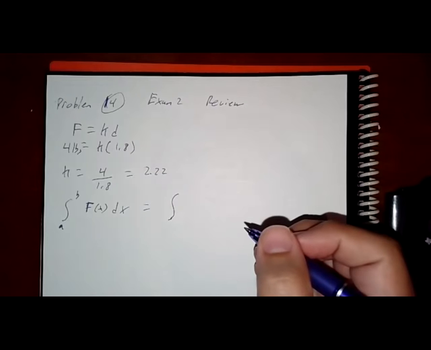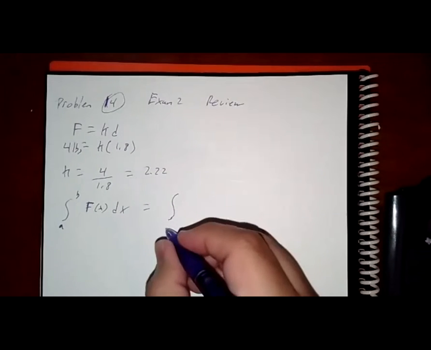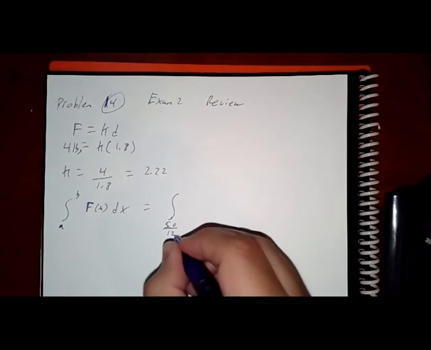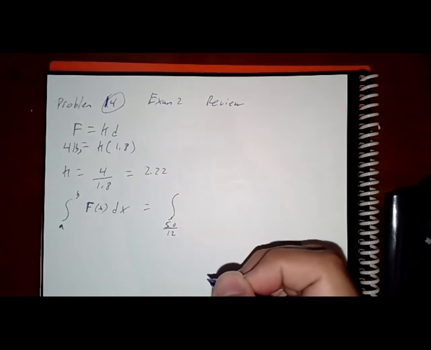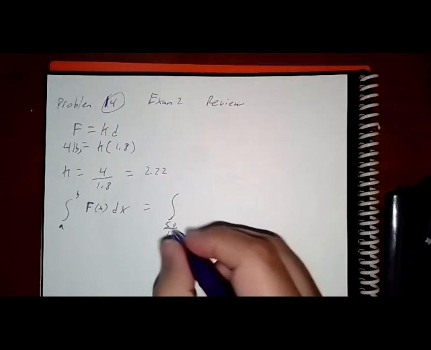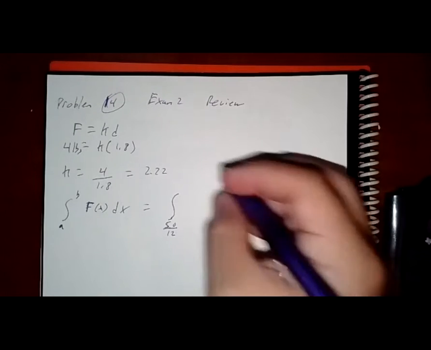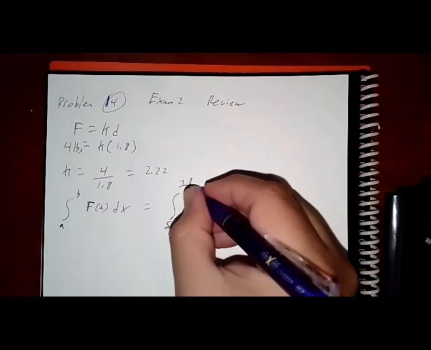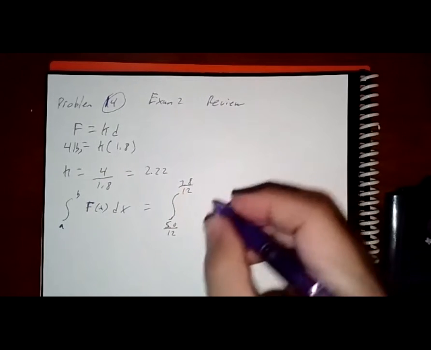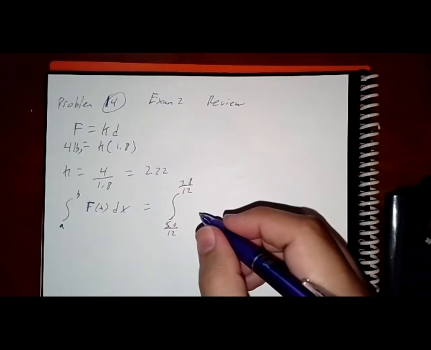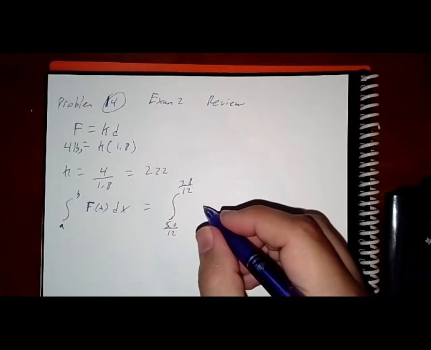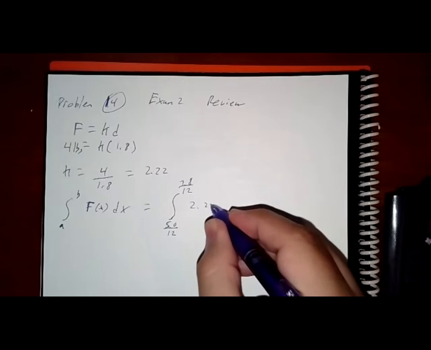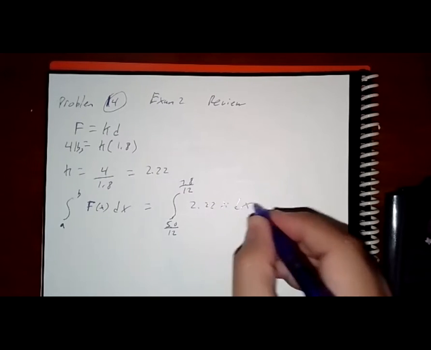And goes to 7.8. So it'll be 5 inches. So we gotta change that to foot pounds, so I'm gonna put it over 12. So 5 to 7.8 over 12. And use this as a function, so it'll be 2.22x dx, is what I'm thinking.